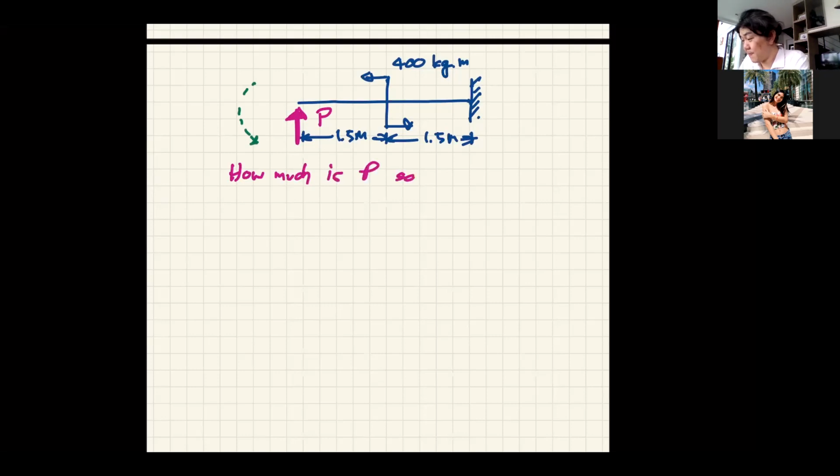So that delta at the tip is 0. So let's not do the calculation. Let us get the idea first. Okay? What would be the idea to solve this problem?